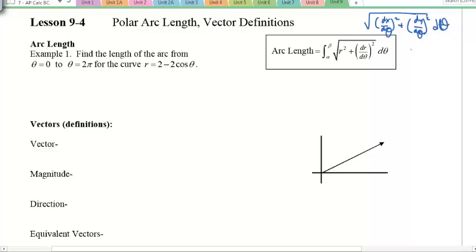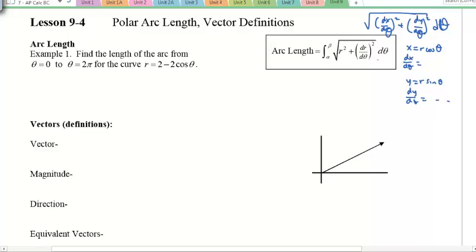And you can do that because you know x equals r cos theta. Go ahead and take the derivative dx/d theta. Ew, I smell product rule. Do the same thing with y, r sine theta. Find dy/d theta. Product rule again.